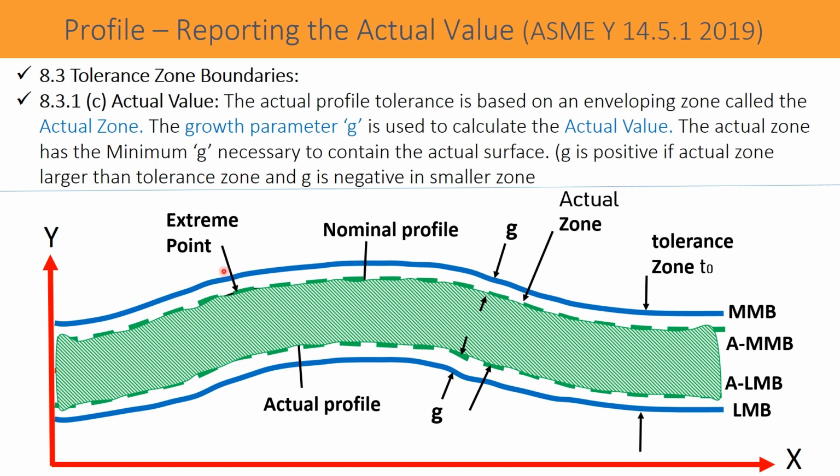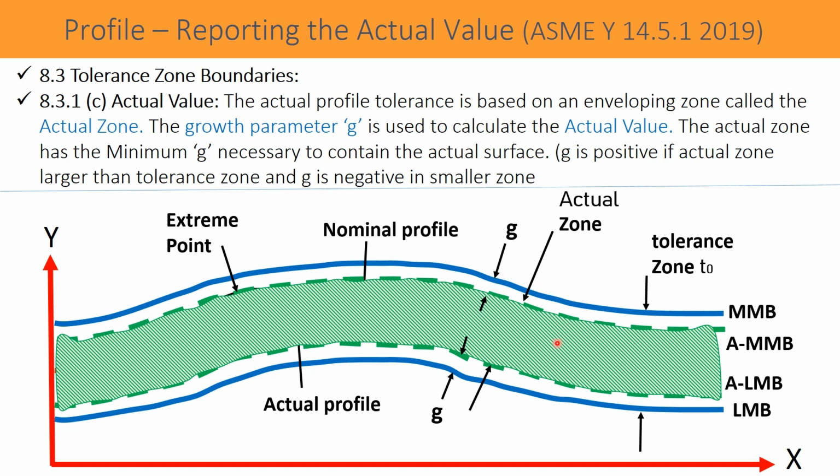There are certain more parameters used, called the growth parameter. This is the maximum tolerance zone and this is the actual maximum material boundary. This distance is called the growth parameter.